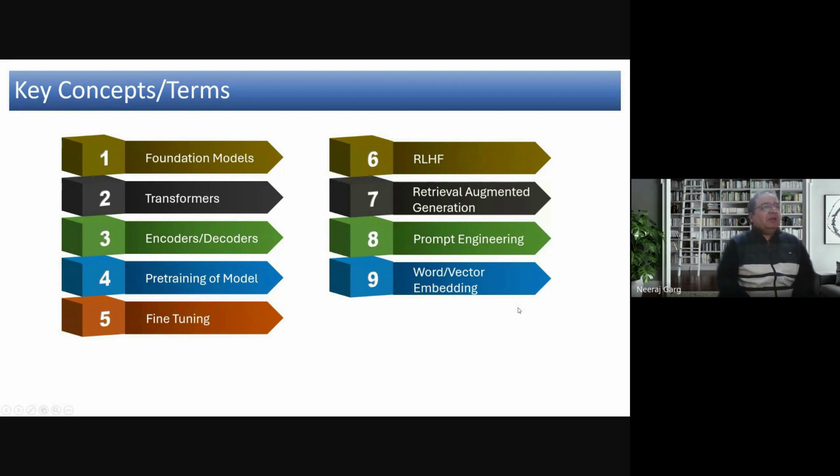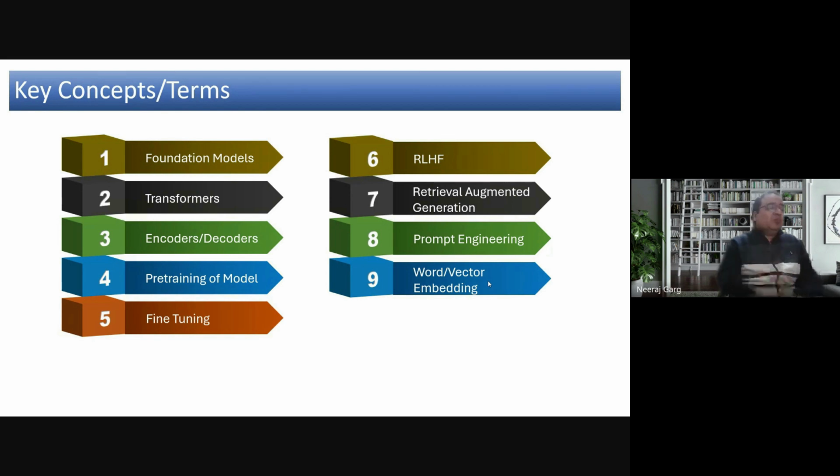Word vector embedding, this is also a very critical concept. So we have given a prompt like tell me something about generative AI in 100 words, or we want to search something. Whatever we are telling is getting converted into an embedding. What is embedding? Basically, words are getting converted into numbers in a vector format, which are stored in vector format.